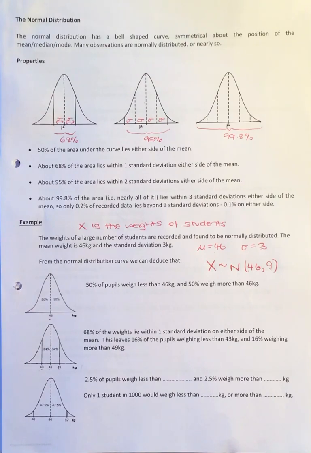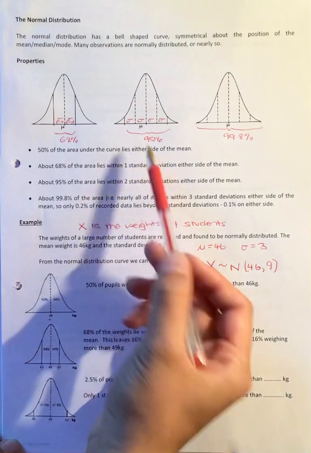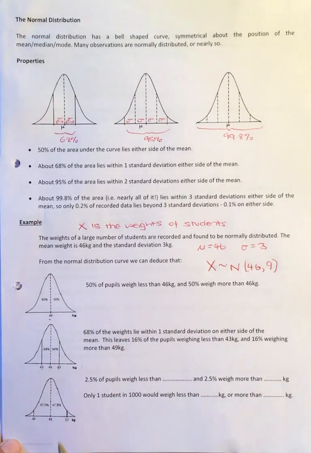We then know that 95% lie within 2 standard deviations of the mean, so within the range 40 to 52, we will have 95% of our pupils. 47.5% will be between 40 and the mean, and 47.5% will be between the mean and 52.